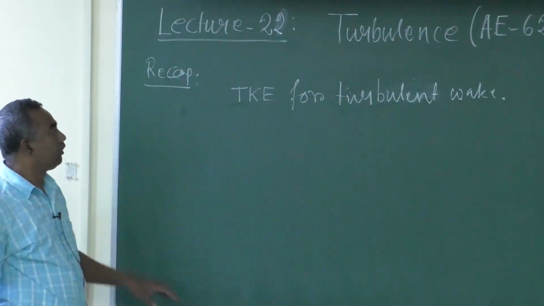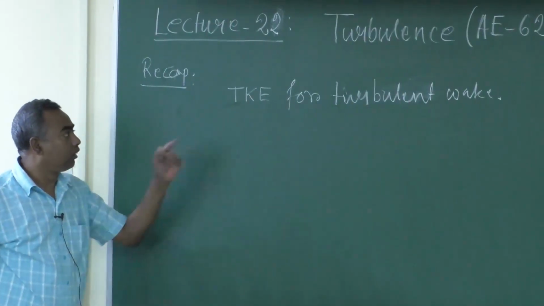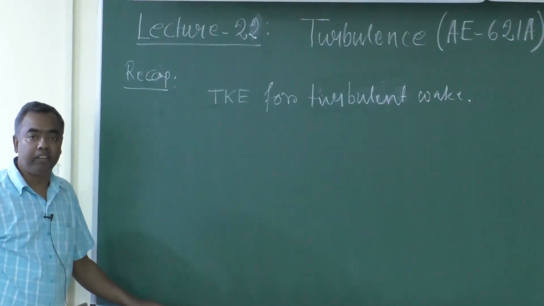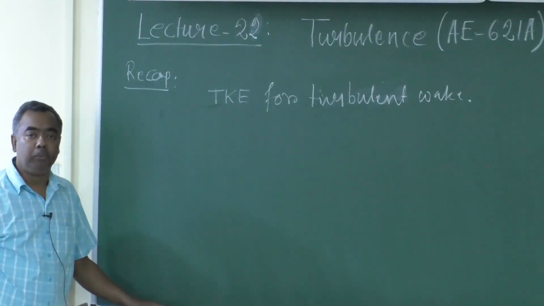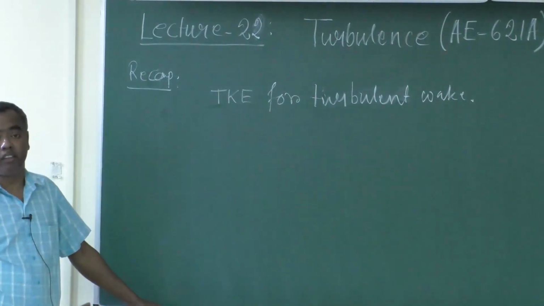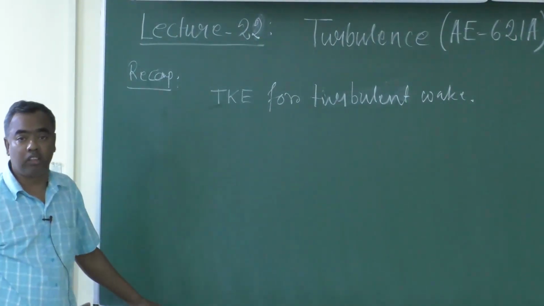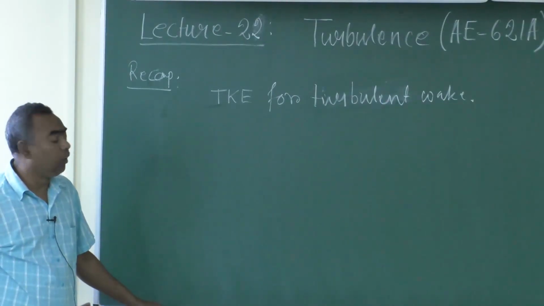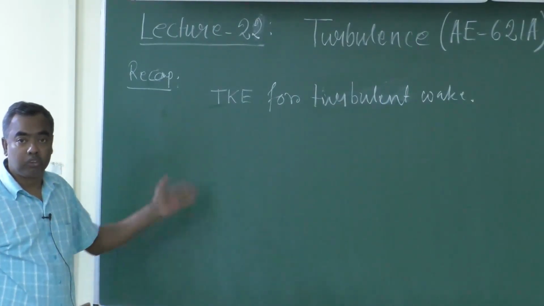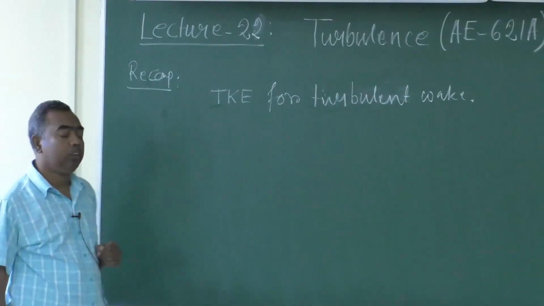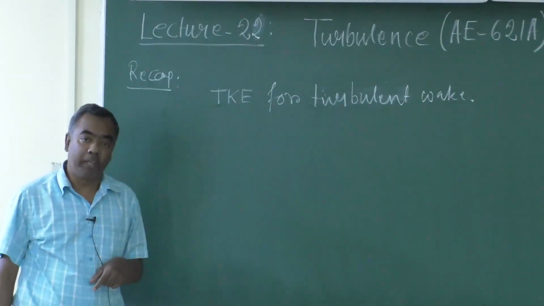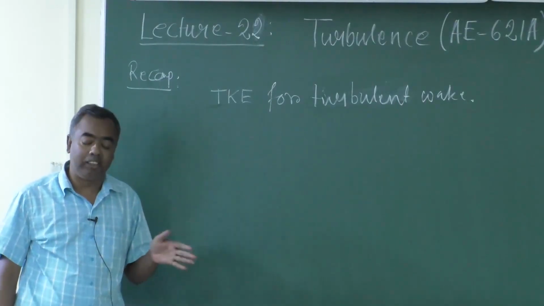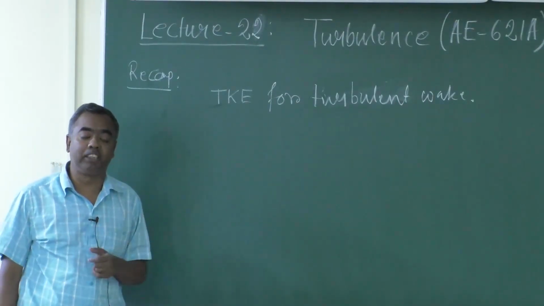So, in the last class we talked about the turbulent kinetic energy equation for the turbulent wake, and we could approximate the values of the advection term, production term, transport term and dissipation, and we plotted those terms across the wake width, and we discussed in detail all these variations.